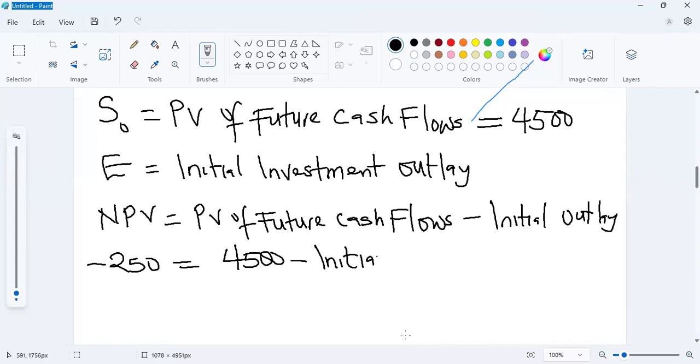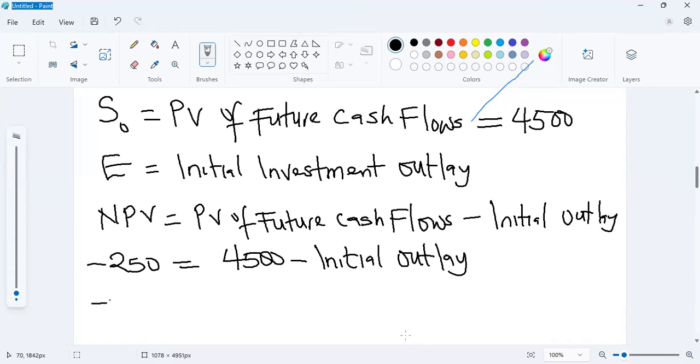Can we compute initial outlay now? I'm sure we can. We just simply take 4,500.